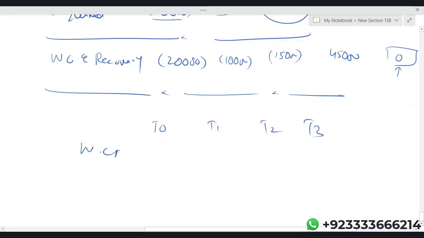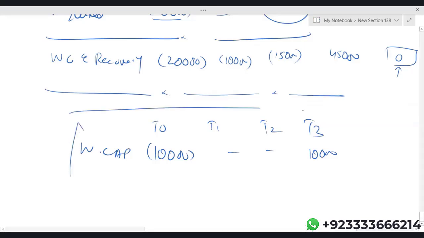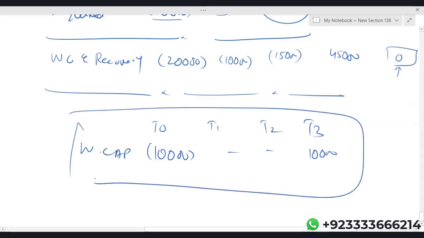Let's say at time zero we just need to invest 10,000, no more investment. If this is the case, then 10,000 will be recovered here. Why? Because working capital can never be consumed.